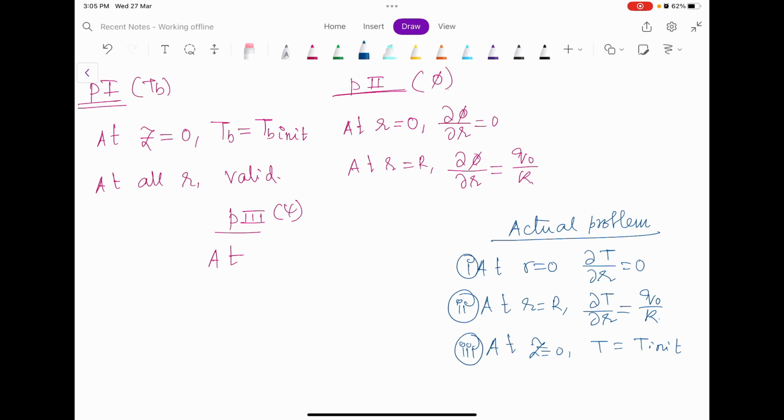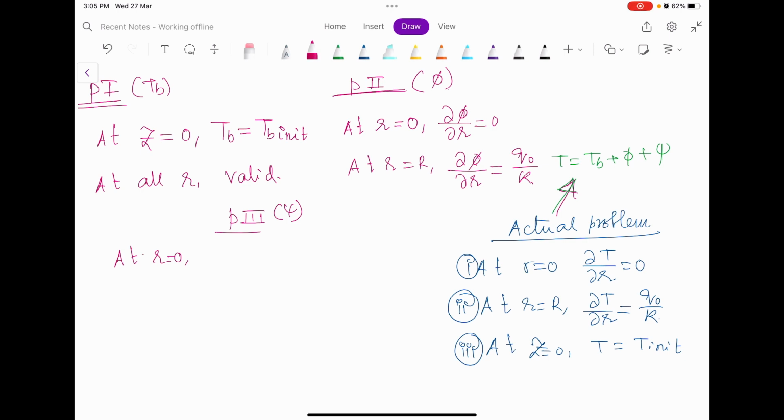Okay, so at r equal to 0. Now from the point of view of my actual problem, I have t equal to tb plus small phi plus psi.